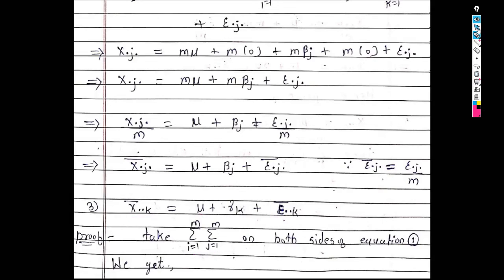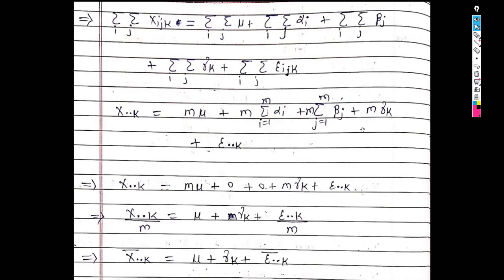So we get the summation over i, summation over j of x ijk equals the summation of mu plus the summation of alpha i plus the summation of beta j plus the summation of gamma k plus the summation over i, summation over j of epsilon ijk.